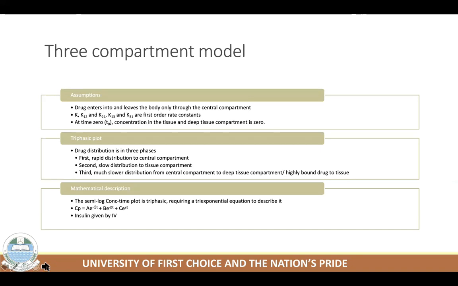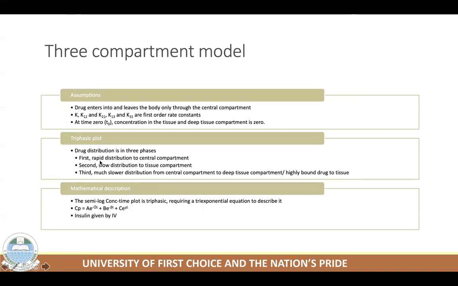Just by way of information, there is also a three-compartment model. Like I said, it is most often used to describe the kinetics of insulin when it is administered by IV.